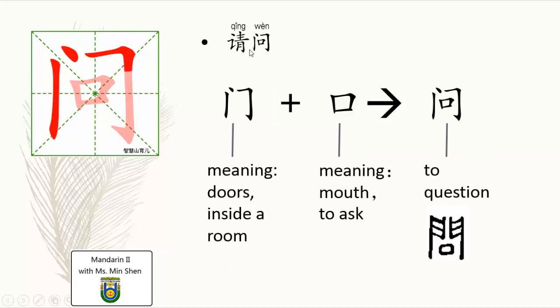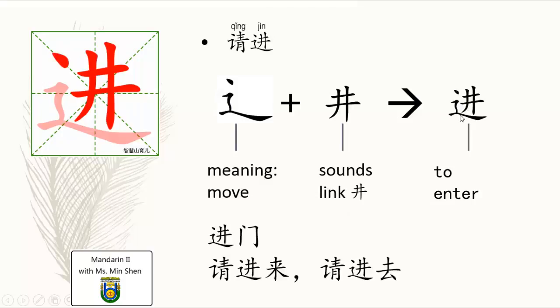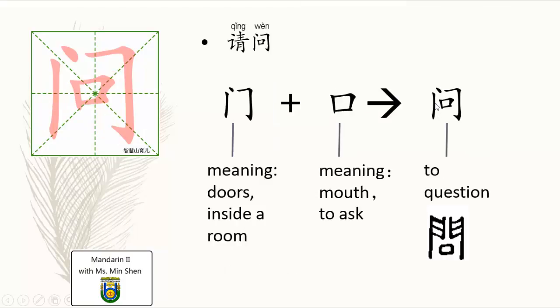Another one still. Please 问, ask. 问 means ask. 请问 means may I ask. 问 is another inside-outside combined character, same as this one, inside outside. Outside 门 denotes the meaning a room, an enclosed room, a room with closed doors.